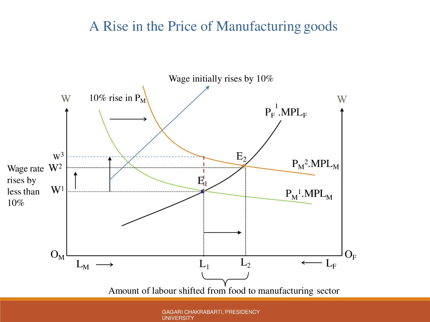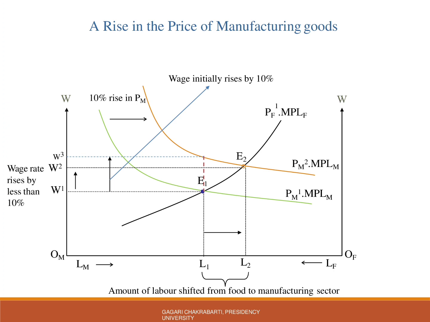Finally, employment will increase in the manufacturing sector to OM L2, and employment in the food sector will fall to OF L2. So the wage rate cannot increase by 10%, but will increase only up to W2, which is less than 10%.